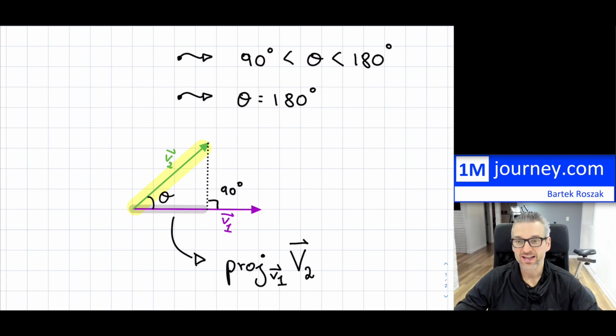Now, that vector v2 doesn't have to project out in such a way that the angle theta is less than 90 degrees. The angle can take on any angle.